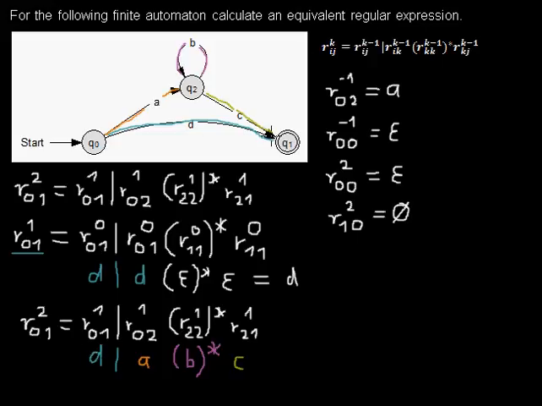That is my possibility D. Or the other possibility is to go to the state where I'm not allowed to go through anymore, where I make as many loops as there are, and then go to the final state. And I hope that made it a little bit clearer how the formula works.